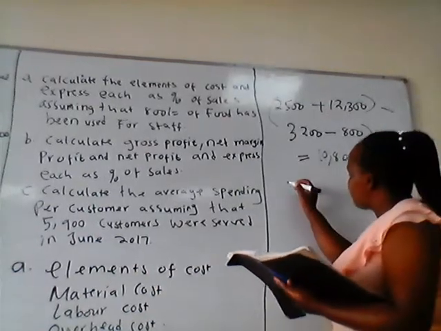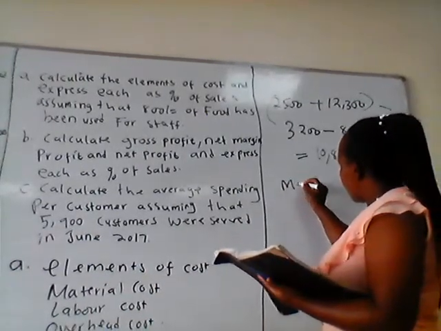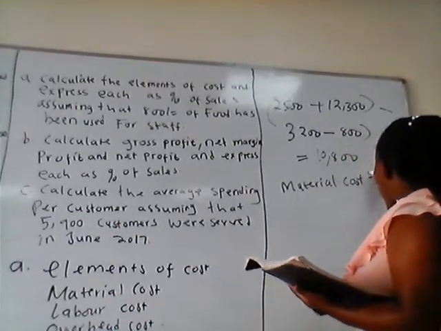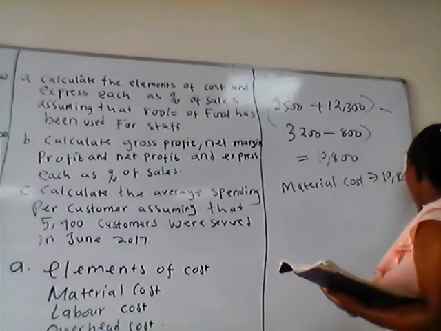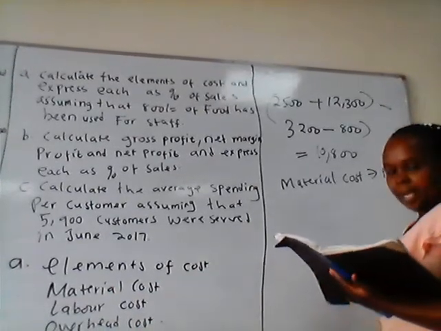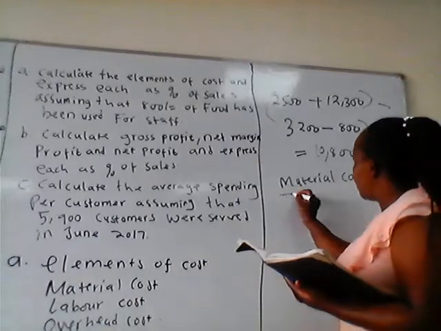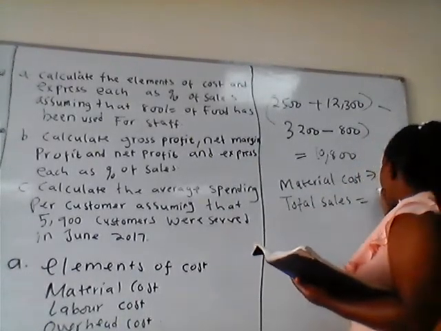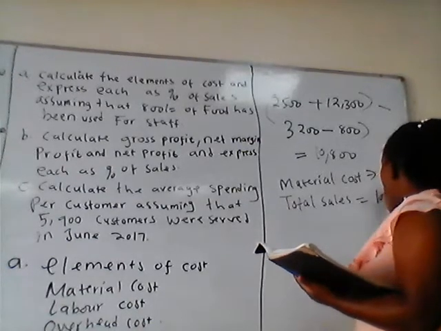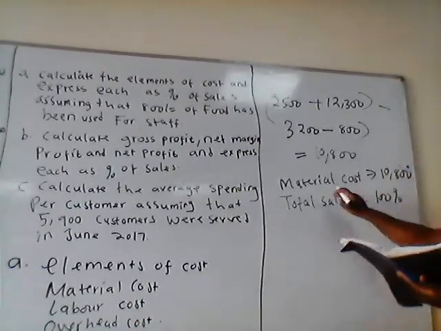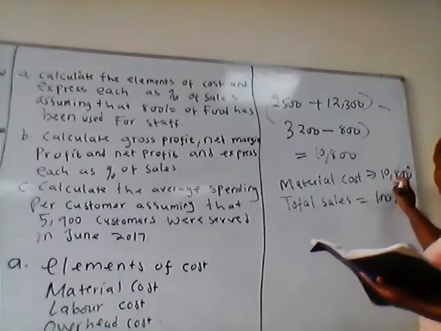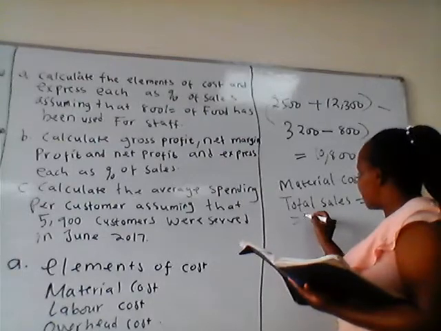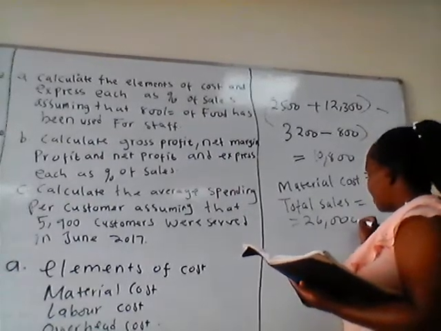So our material cost is 10,800, and we want to know it as a percentage. We know the total sales is equal to 100%, and in value it is 26,000.